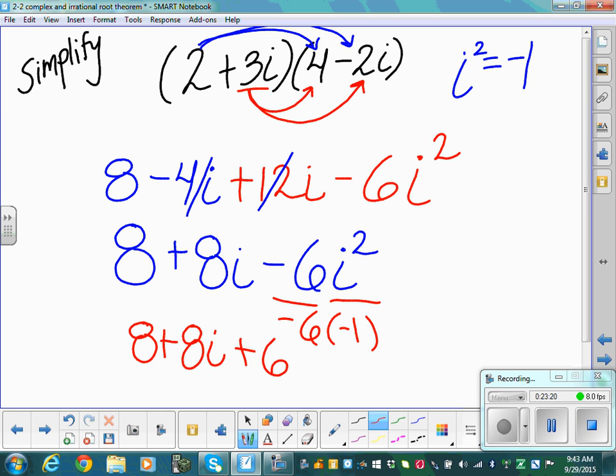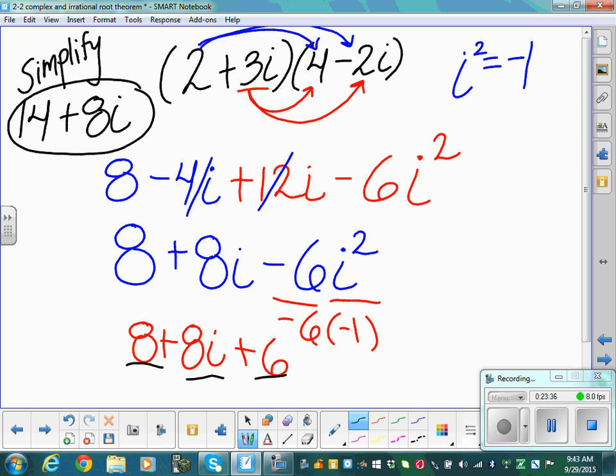Now do we have another? Good. Yep, now we have 2 whole numbers, so we can combine those. So we'll be doing 8 plus 6, which is 14. So we have 14 plus 8i. With complex numbers, if you ever get to your final answer and have an i squared, you're not finished. You've got to change it to negative 1. Any questions on that?